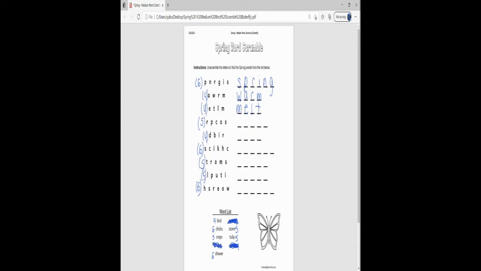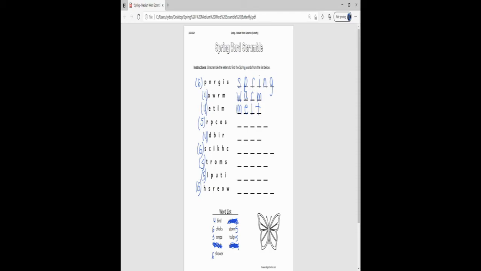Now we get to cross off melt from our word list. The next word we have has 5 letters. R, P, C, O, S. In our word list, we have 5-letter words, including storm, crops, and tulip. So we have 3 word choices. Let's look at them. For tulip, it has T-U-L-I-P.